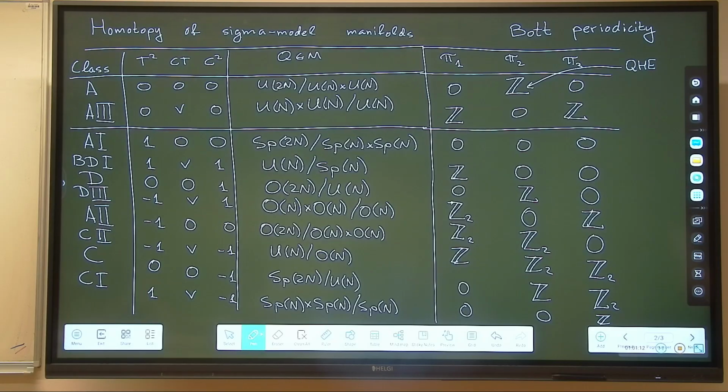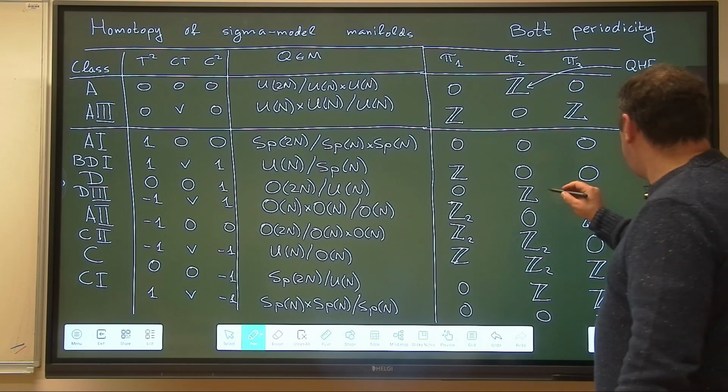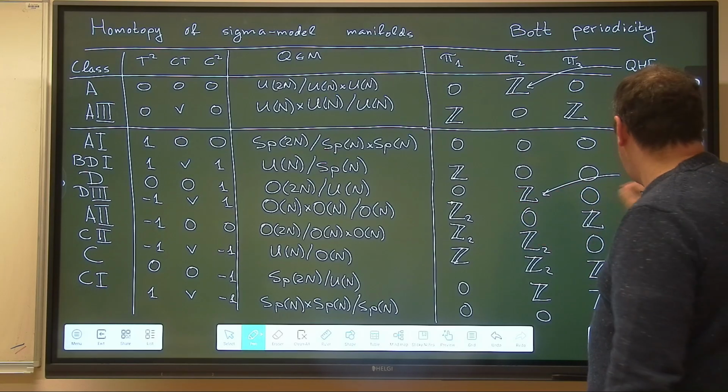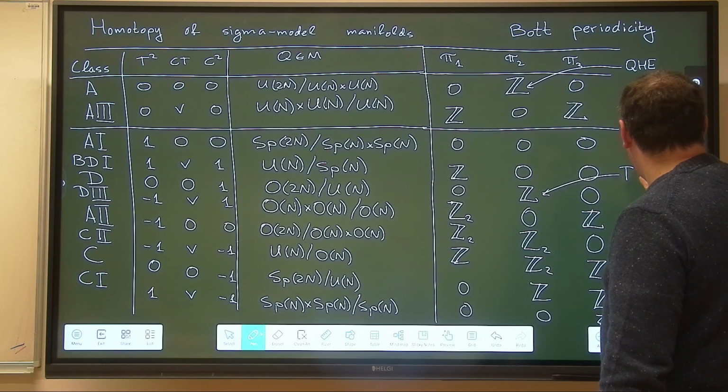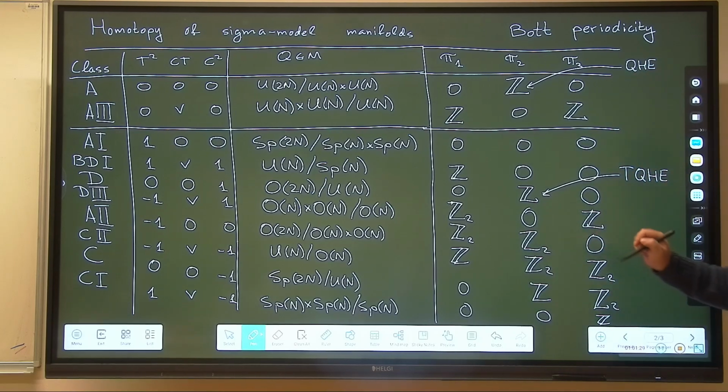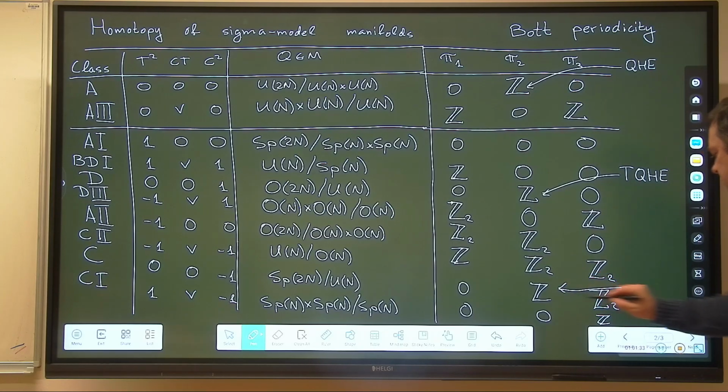What else is possible? There are other Z's in 2 dimensions, and this one here, this is class D, right? We will not discuss it, but it has a name. It's a thermal quantum Hall effect, and this one is a spin quantum Hall effect, SQHE.